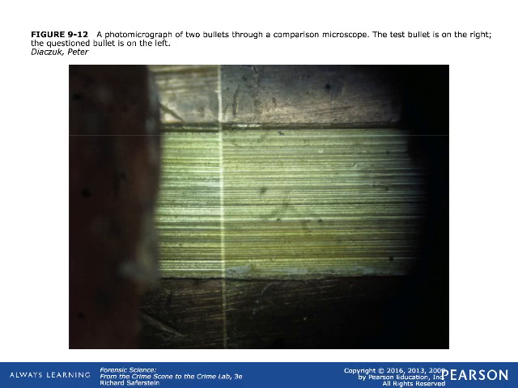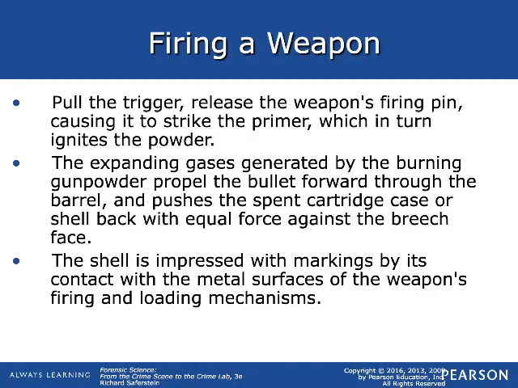We did it digitally. So this is a photograph of 2 bullets through a comparison microscope. So instead of having just digital images, you're seeing two bullets. So you can see the striations and how they line up. The lines just line up between them.